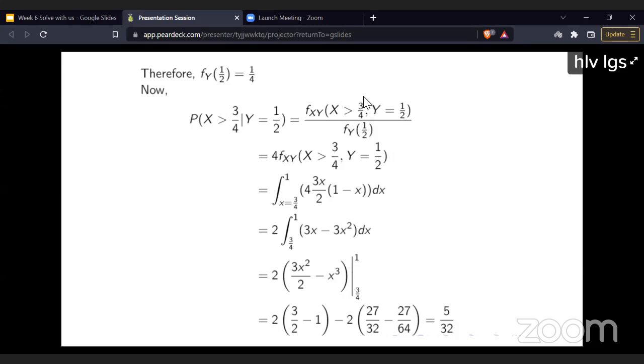So 3x becomes 3x square by 2, and 3x square becomes 3x cube by 3, with lower limit 3 by 4 and upper limit 1. Once you solve it, you get the answer to be 5 upon 32. It is the basic conditional formula you have to use.